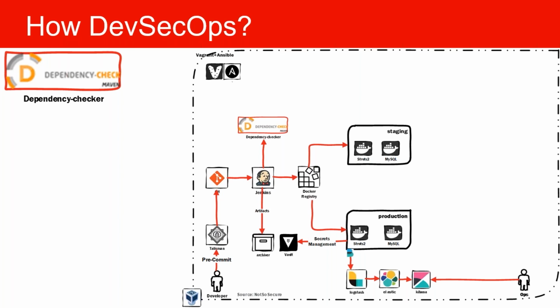So Jenkins will execute these tools and identify if there are any vulnerabilities. If there are high vulnerabilities, it will kill the build, or it will not allow the build to proceed ahead, right? And Dependency-Check is one such tool for Java that can be used to analyze if we are using any vulnerable dependencies.